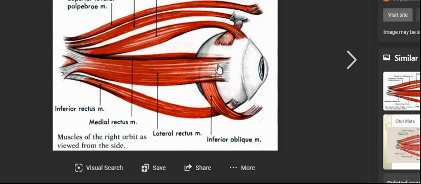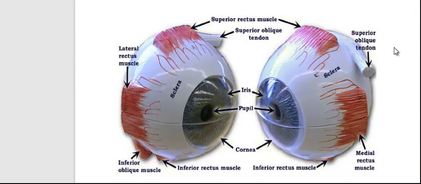Here you can see they extend on back. Besides the muscles, pay attention to the tendons. You have these tendons coming off. This is superior, so it's at the top of the eye. Oblique, because it's going at a weird angle, and a tendon, obviously, because we've learned about tendons and ligaments.